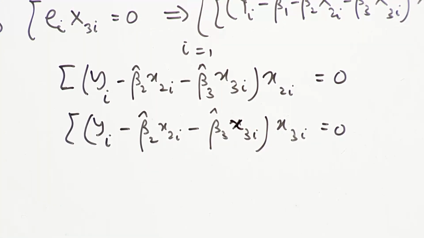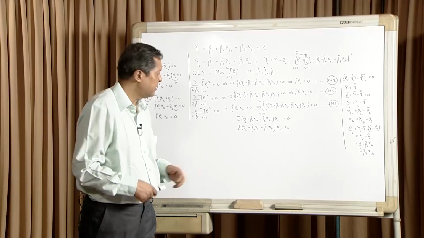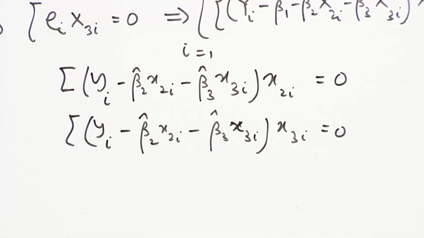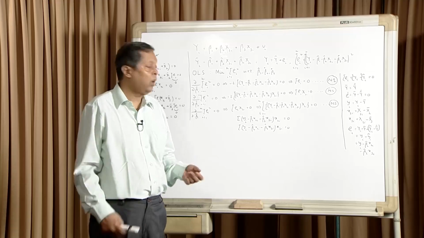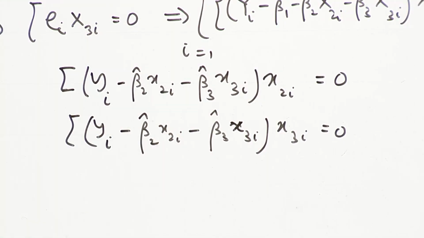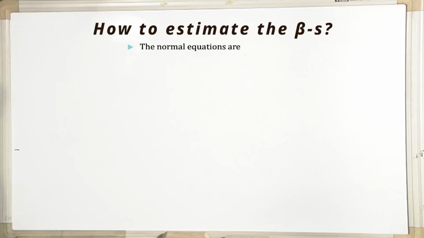We will use the simple simultaneous equation method to solve for beta 2 hat and beta 3 hat, or, for a larger k variable model, we can use the matrix form and solve for beta 2 hat and beta 3 hat.